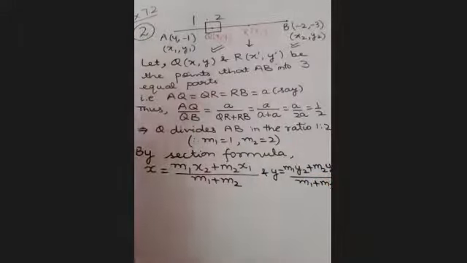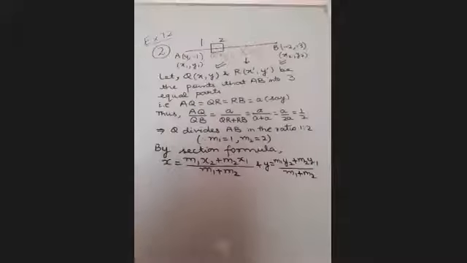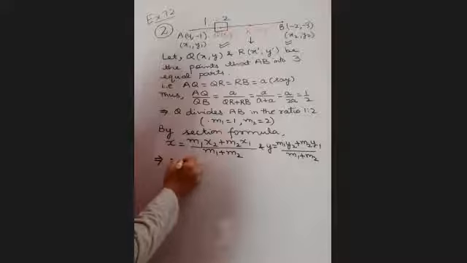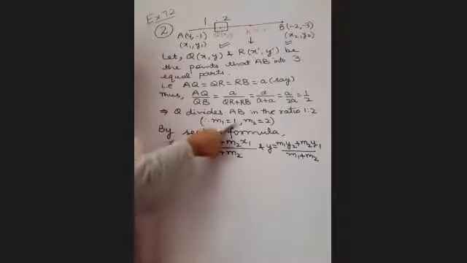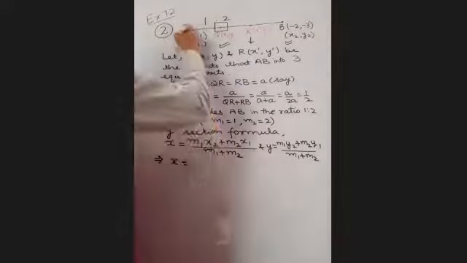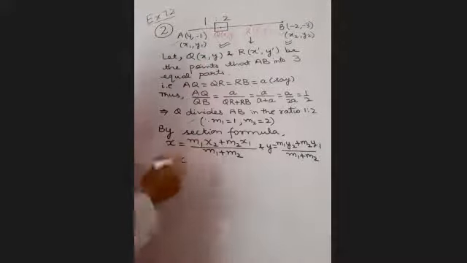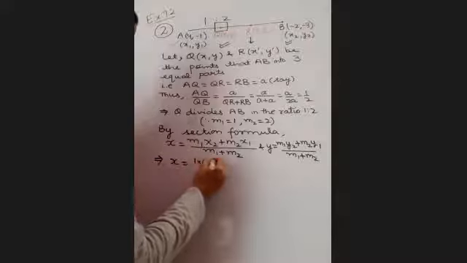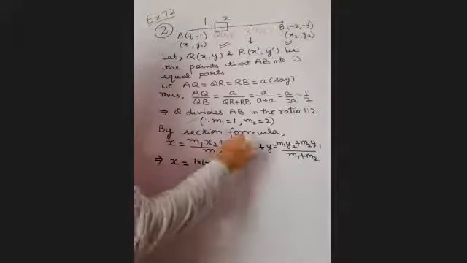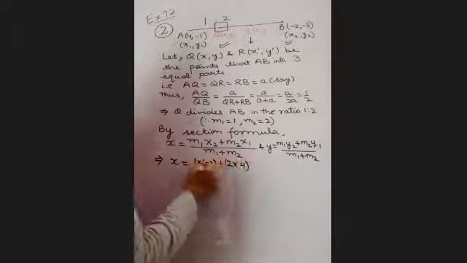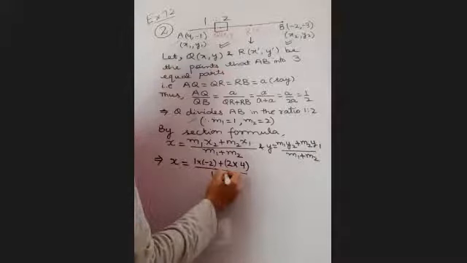Now let us put the values. m1 is 1, x2 is -2, m2 is 2 and x1 is 4, divided by 1 plus 2.